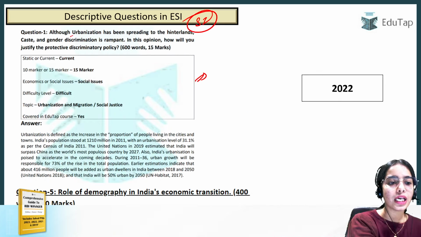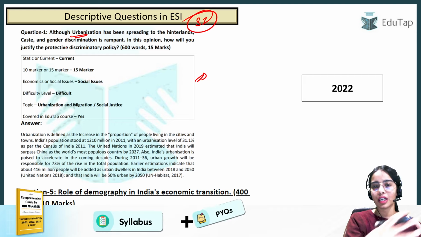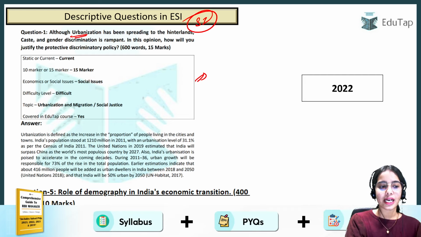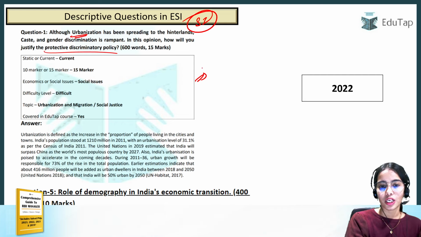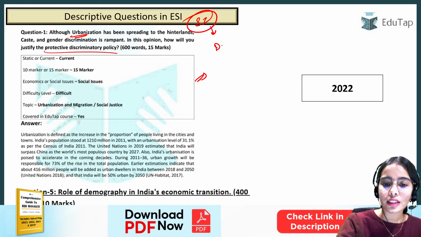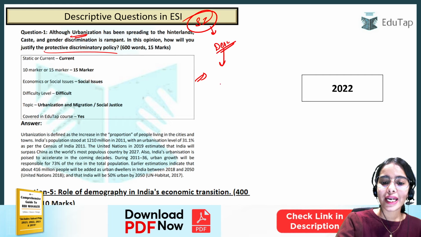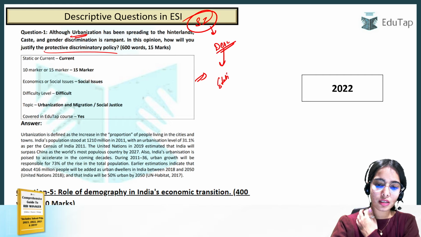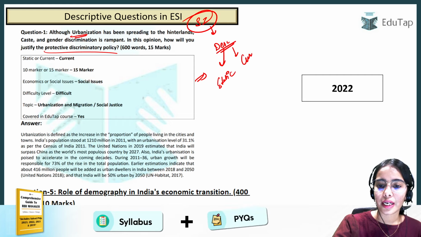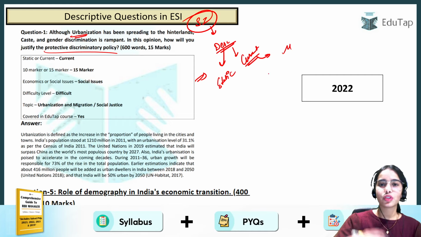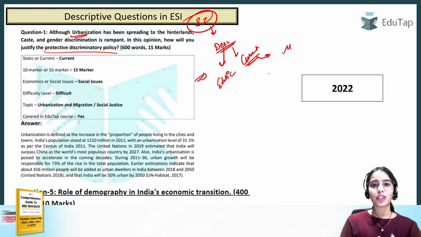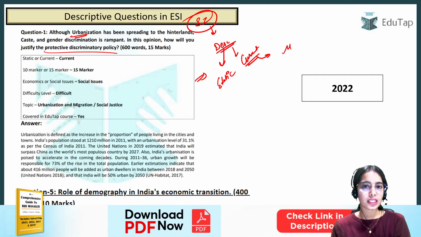Here you can see the question is regarding urbanization. You need to have the understanding of caste, gender discrimination, the protective discriminatory policy. So from the social issues, the descriptive question can be static based or current based. In the current based, as I have told you, there was a report on migration, regarding that the question came. So you need to have the basic understanding of migration.